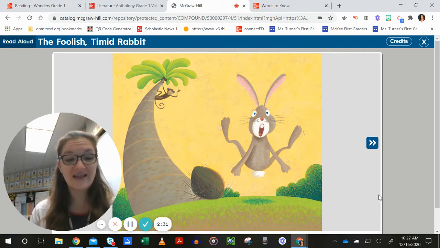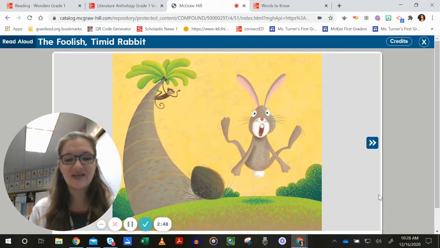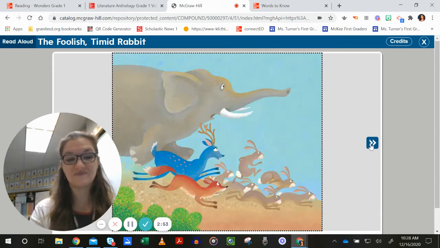The falling coconut landed with a bang. The foolish, timid rabbit jumped up. "Oh my!" he cried. "It is happening! The earth is breaking up!" He quickly ran away from his spot under the tree. He didn't even look back to see what caused the loud noise.